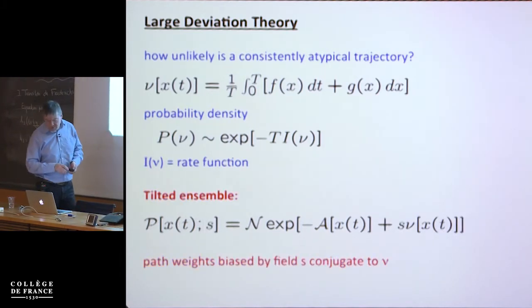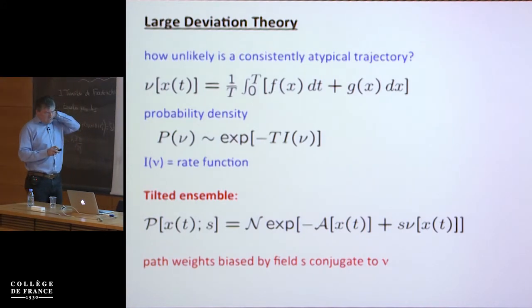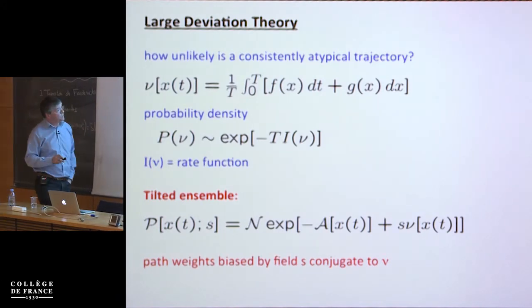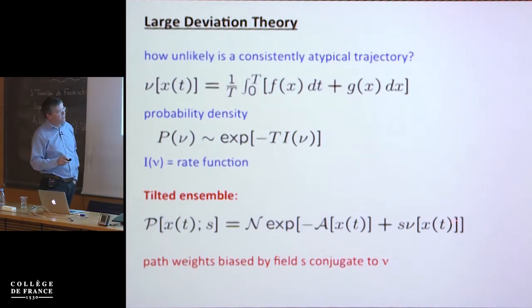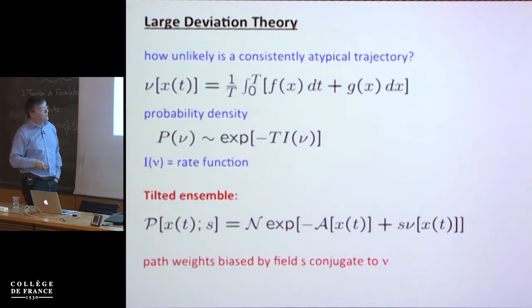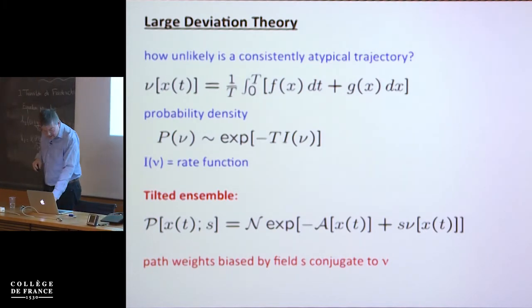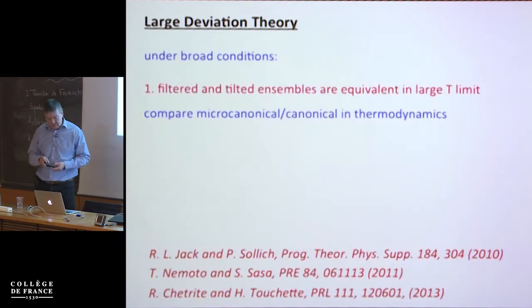There's another way to do it, which is mathematically nicer, which is a bit like moving from the microcanonical to the canonical ensemble in statistical mechanics, which is just to put in an exponential bias here. So these path weights are biased by a field S, which is conjugate to this unlikely variable nu. Okay, so there are various things which are known about these ensembles.